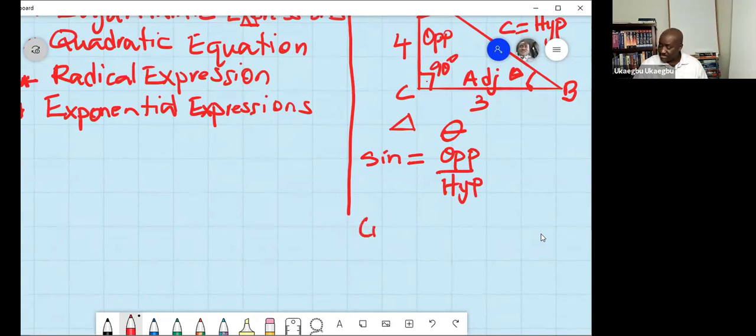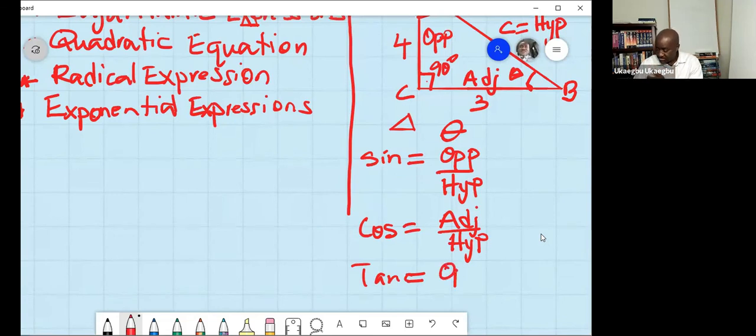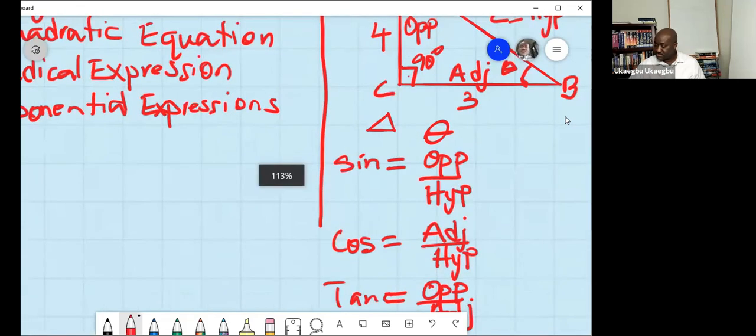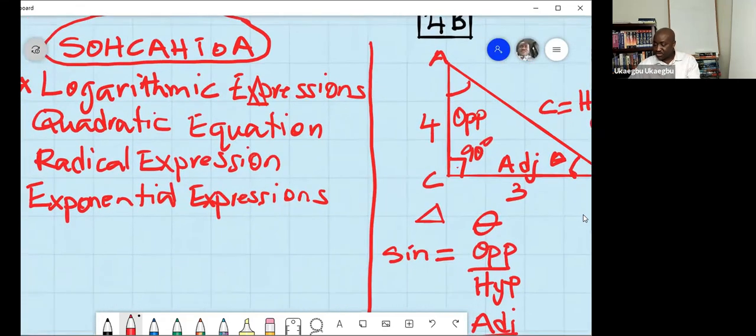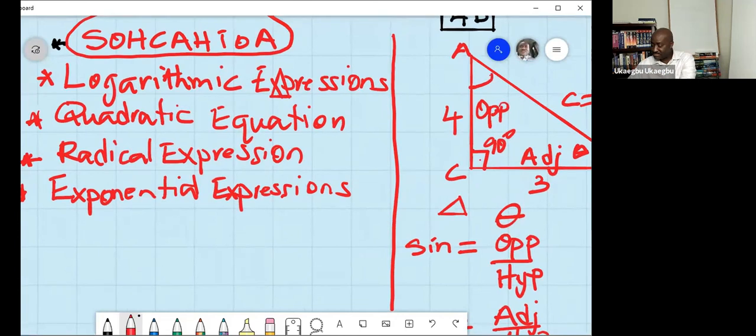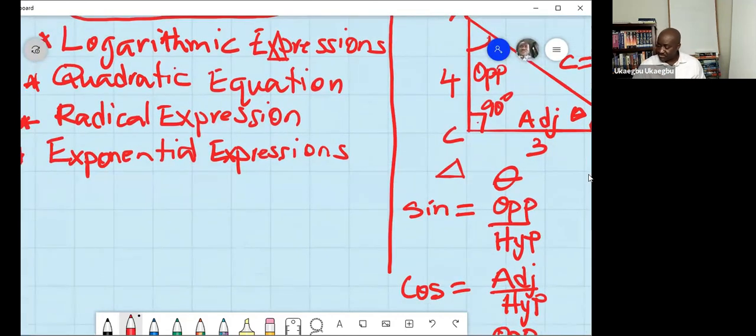And cosine is equal to adjacent over hypotenuse. And tangent is equal to opposite over adjacent. You see? That's the Sohcahtoa we just had. If you like, you can write it this way.